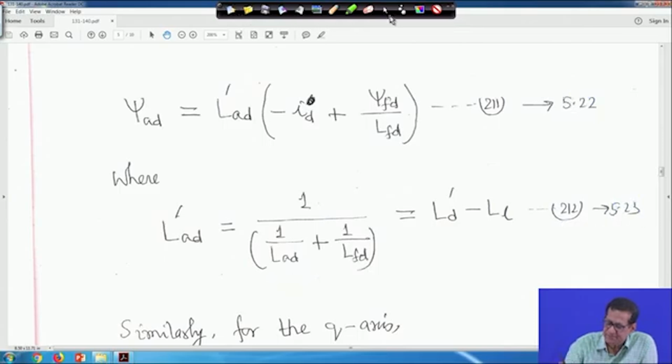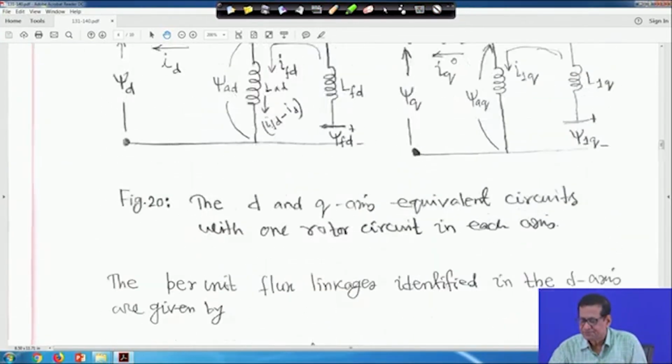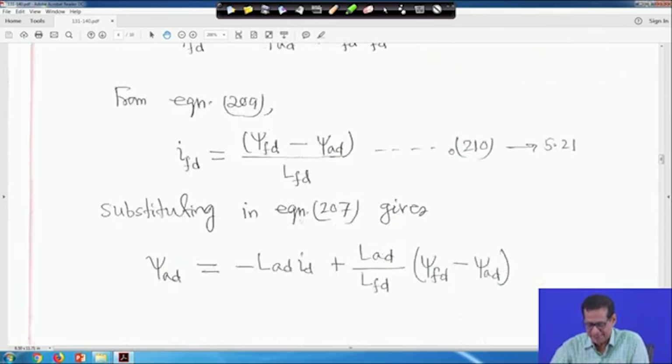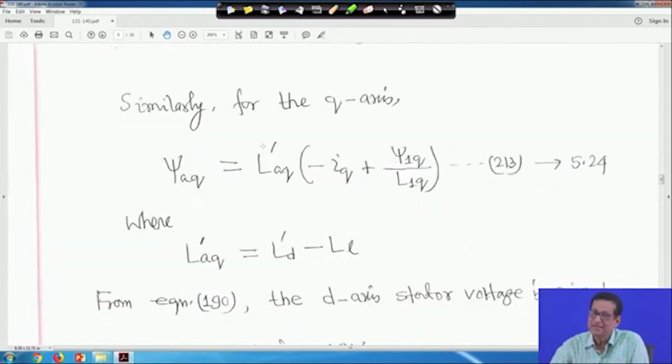Similarly, for the q axis you apply KVL, please do it yourself. All these things were derived before, but we have put them in the analogous DC circuit for the flux linkage equation. From this figure you can get this, and similarly for the q axis you write those equations from that figure and simplify.